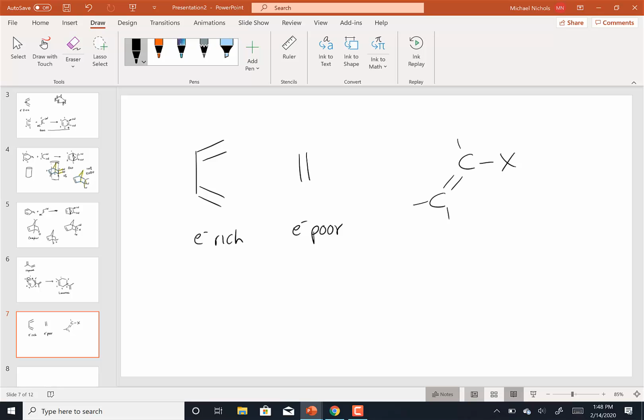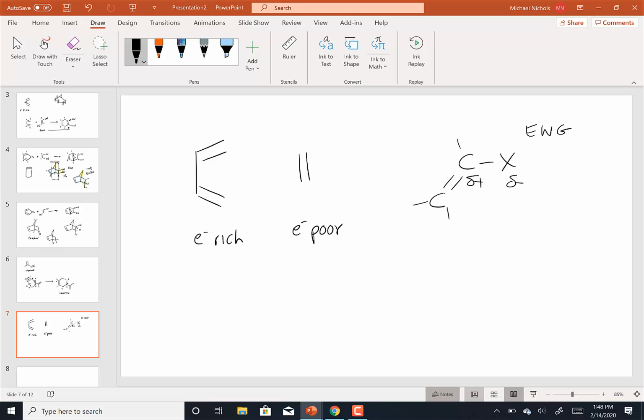So it will be an electron withdrawing group. Pretty straightforward how that happens, right? Halogen is more electronegative than carbon, so what happens? The halogen becomes slightly negative and the carbon becomes slightly positive.